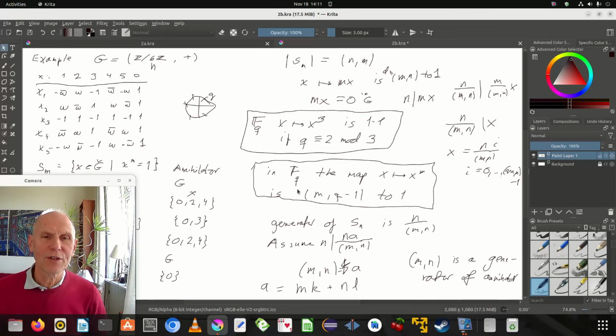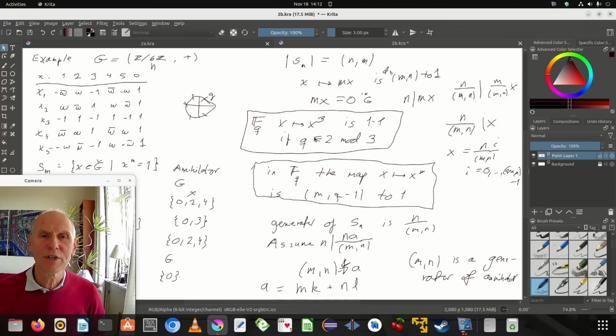And that can be directly generalized to the finite fields. In F_q, the map x to x^m maps so many elements to 1. So particularly if the greatest common divisor of m and q minus 1 equals unity, then the map is 1 to 1. There's an injection, so it's also onto, of course.